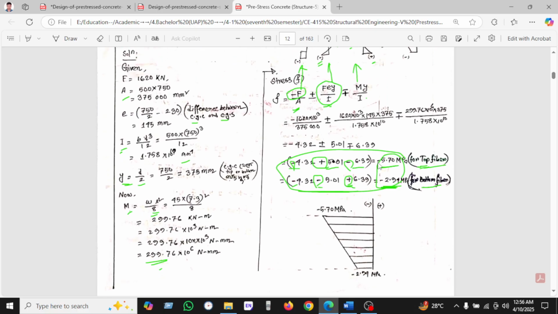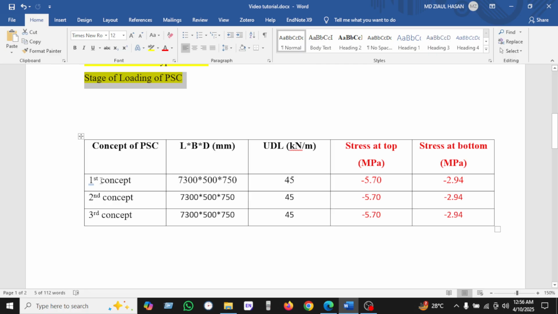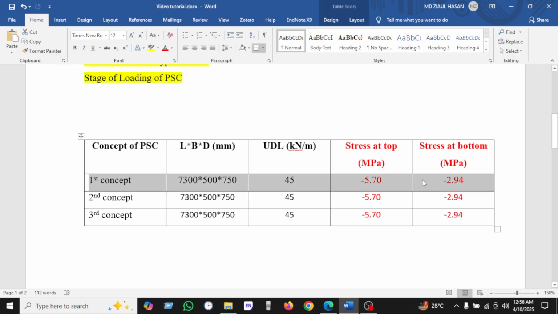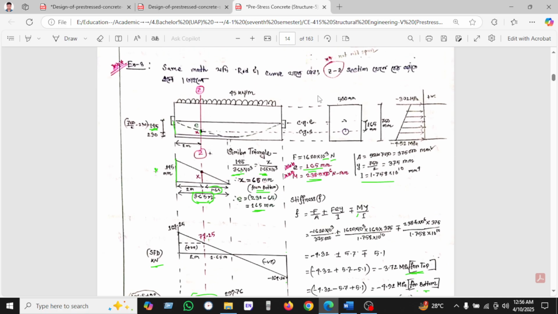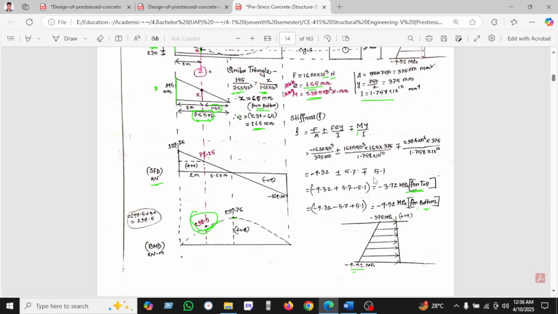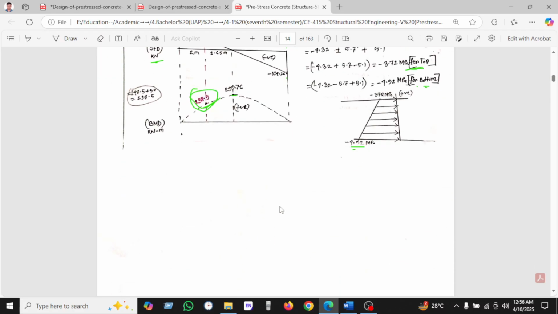That is the first concept. The dimension is given and the stress at top and bottom is found here. We also saw another example, where the stress is taken 2 meters away from the support, and we checked what will change.